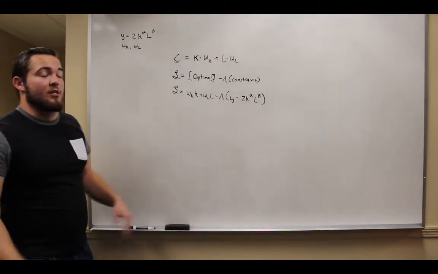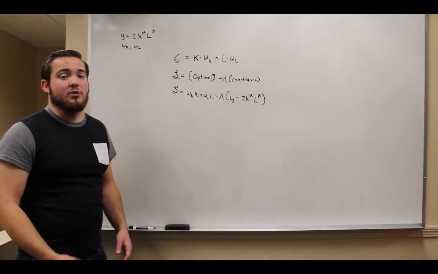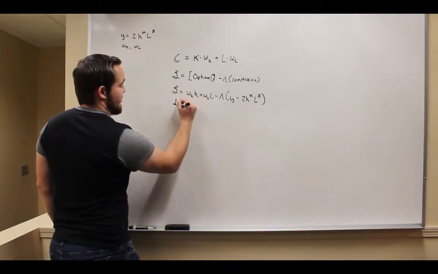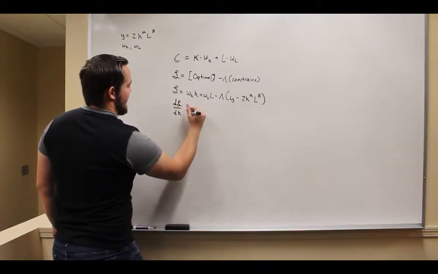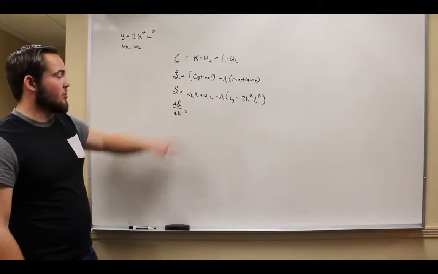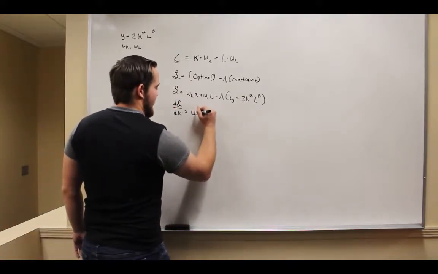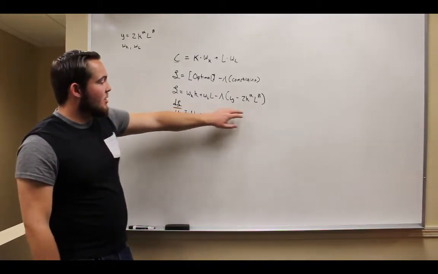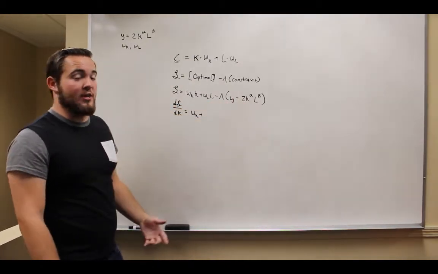We have it written out like this, and so now we have to take our three first order conditions. This is where we're going to be doing our first order derivatives. So the first one we do is going to be in terms of K. The first derivative in terms of K of the first term is multiplied by a constant, so it's just going to be WK. Our second one is lambda times this function, is the term we're interested in.